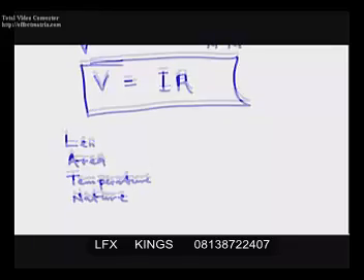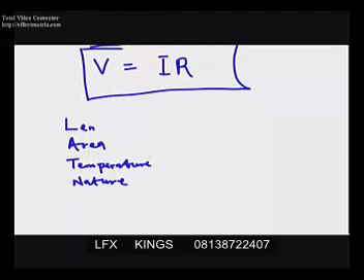So the length, area, and temperature have an equation that binds them together. I'm not going to talk about the equation for temperature right now, but the equation for length and area is: resistance is proportional to length over area, the cross-sectional area.